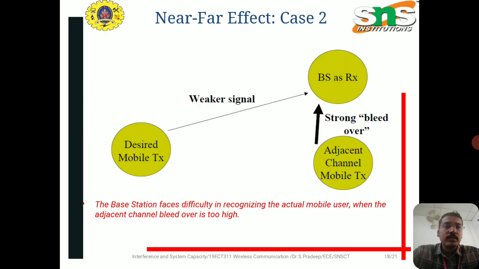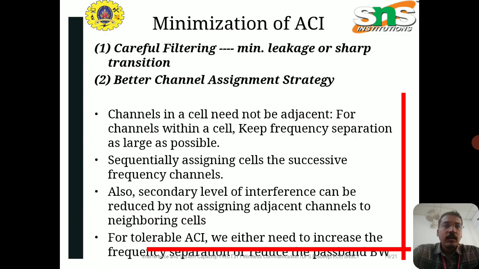Near-far effect for case 2. In this, the base station faces difficulty in recognizing the actual mobile user when the adjacent channel bleed over is too high. Minimization of adjacent channel interference is by means of careful filtering and a better channel assignment strategy. Channels in a cell need not be adjacent.